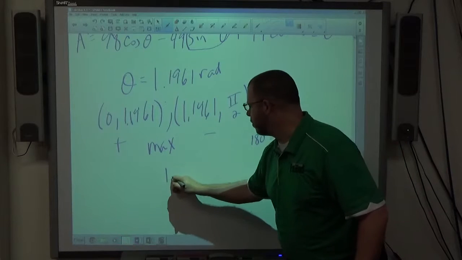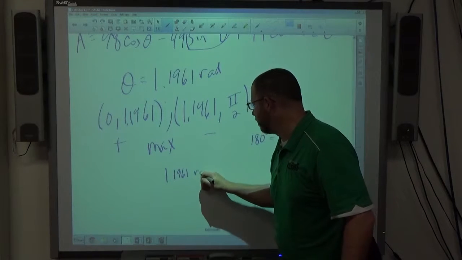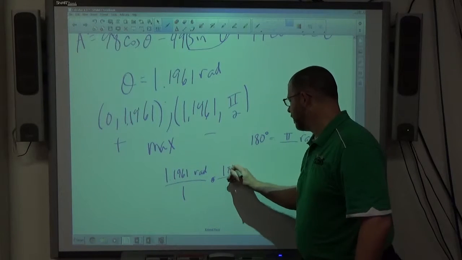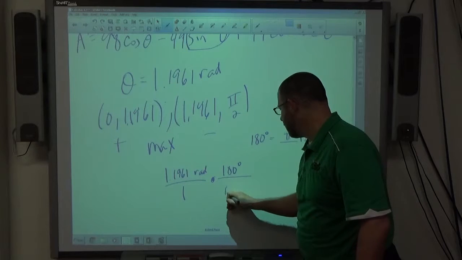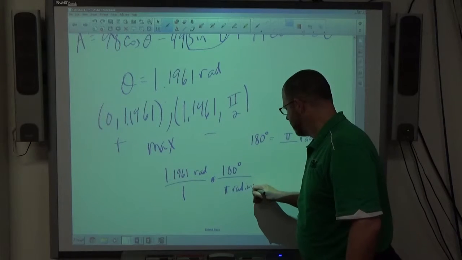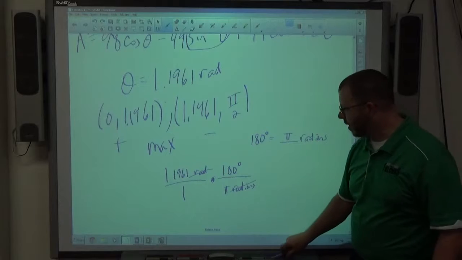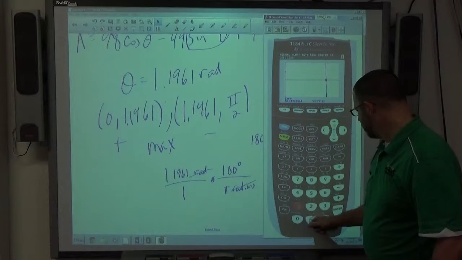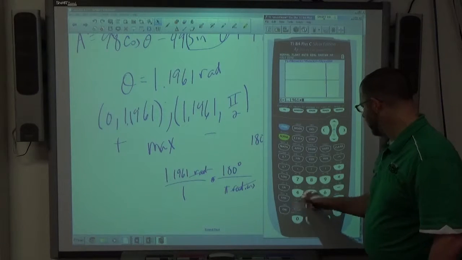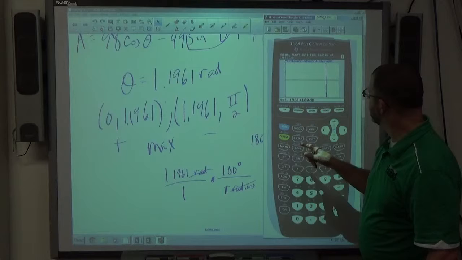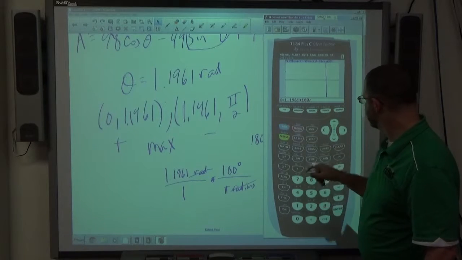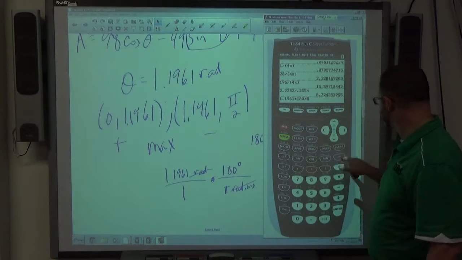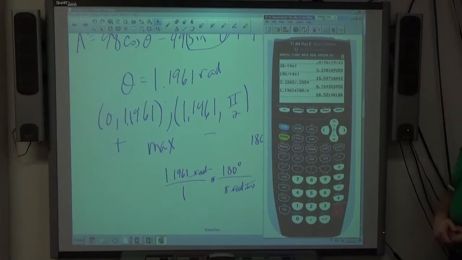So, 1.1961 radians times 180 degrees over pi radians. The radians cancel, so I'm just going to do 1.1961 times 180 divided by pi. 68.53 degrees.